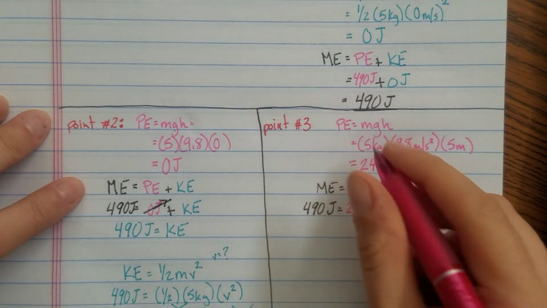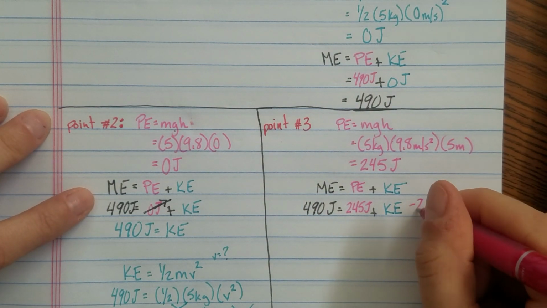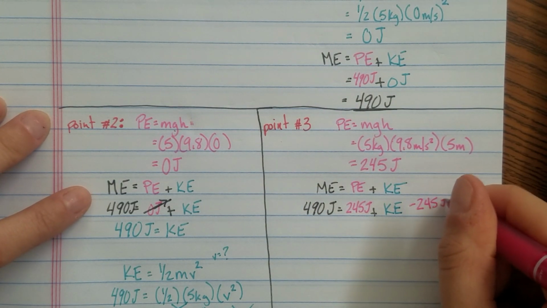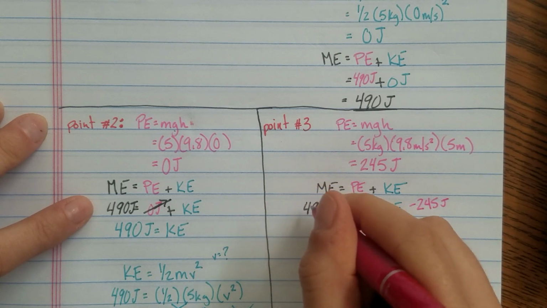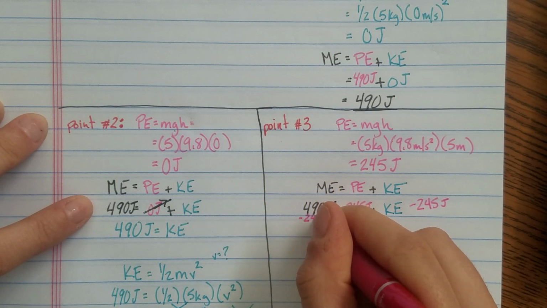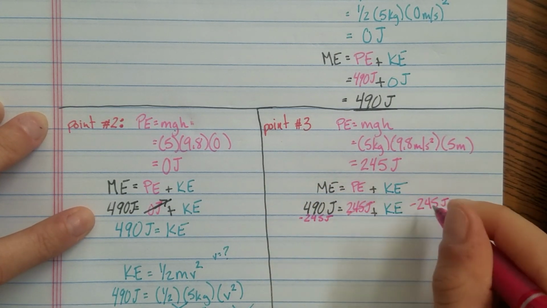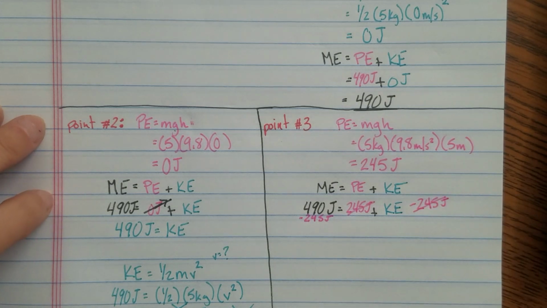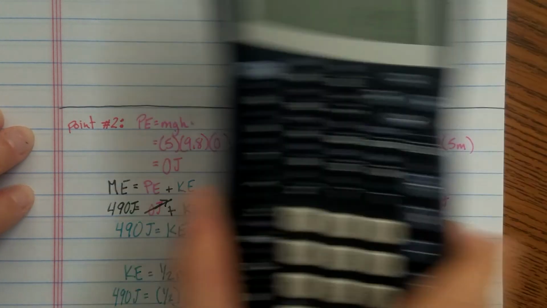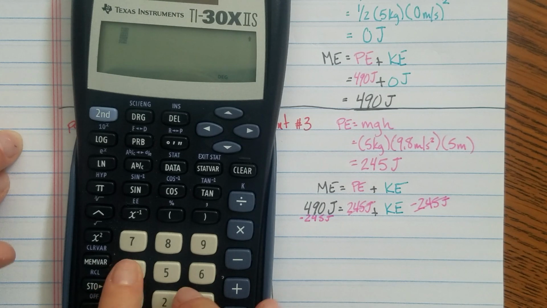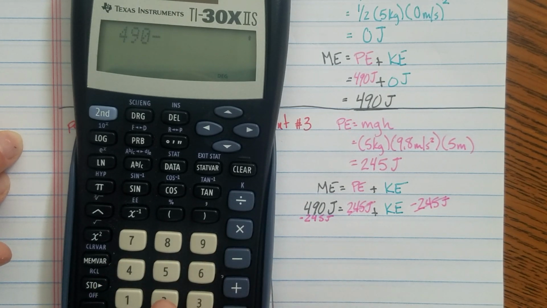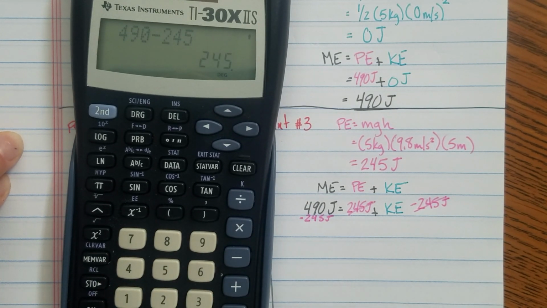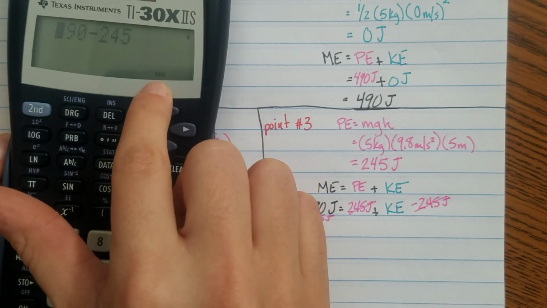To solve, I'm going to subtract 245 joules from each side, minus 245 joules. It's going to cancel over here on the right. I have to use my calculator to figure out on the left. So 490 minus 245. Oh, that's nice. Look, it's 245.